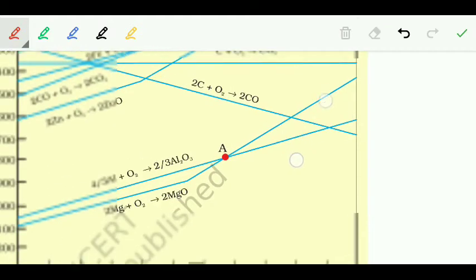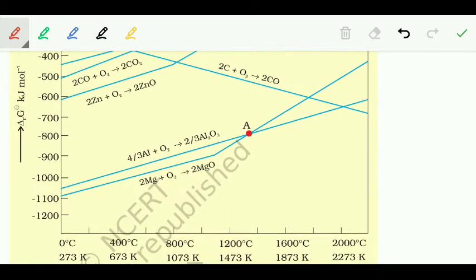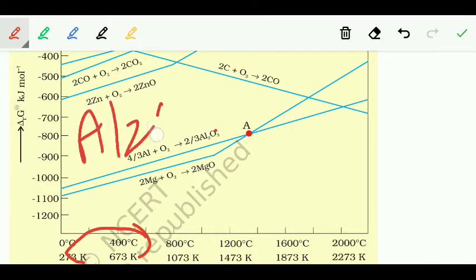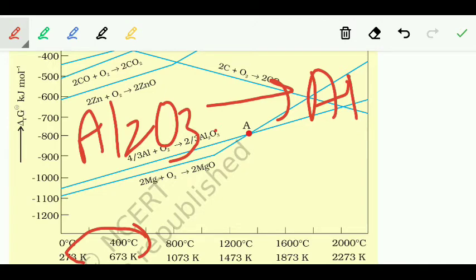So we are mainly concerned with the temperature itself. If someone asks what the situation will be at 400 degrees Celsius, then we can say that at 400 degrees Celsius, aluminum oxide, that is Al2O3, can be reduced to aluminum metal with the help of magnesium. Is that clear?